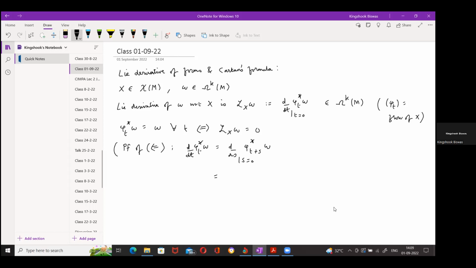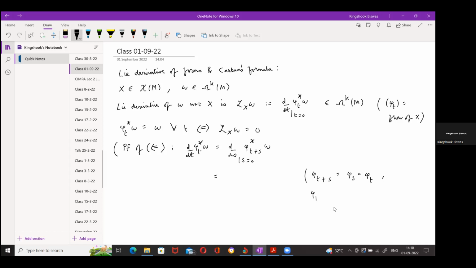And now you use the fact that phi_t is a flow, so phi_{t+s} is phi_s composed with phi_t, and pullback is contravariant.